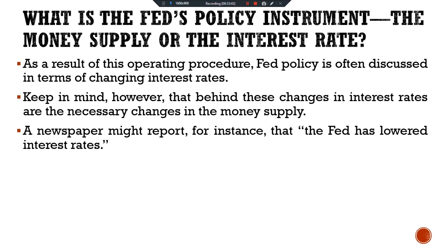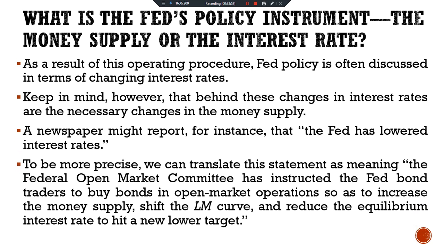A newspaper might report, for instance, that the Fed, or central bank, has lowered interest rates. To be more precise, we can translate this statement as meaning that the Federal Open Market Committee has instructed the Fed bond traders to buy bonds in open market operations so as to increase the money supply, shift the LM curve and reduce the equilibrium interest rate to hit a new, lower target.